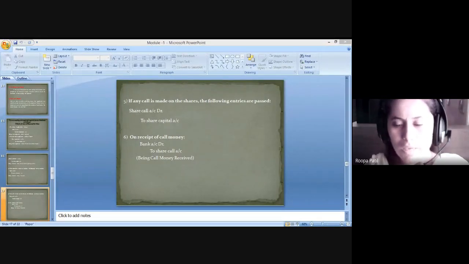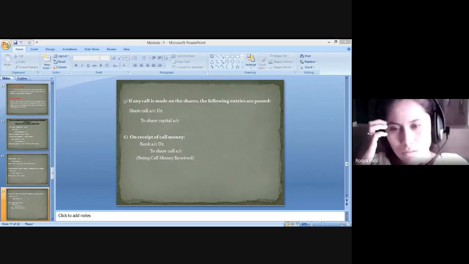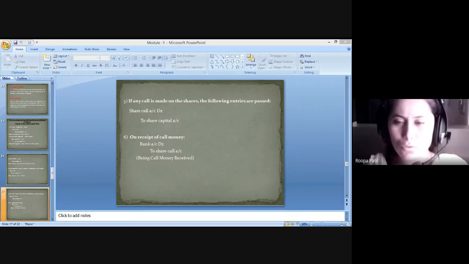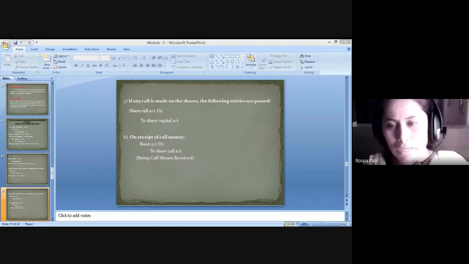You can write cash or bank, anything, Sandesh. But when you record these share related transactions, usually you record the bank, not cash, because all the shares are transferred through the demat account, through online transactions.